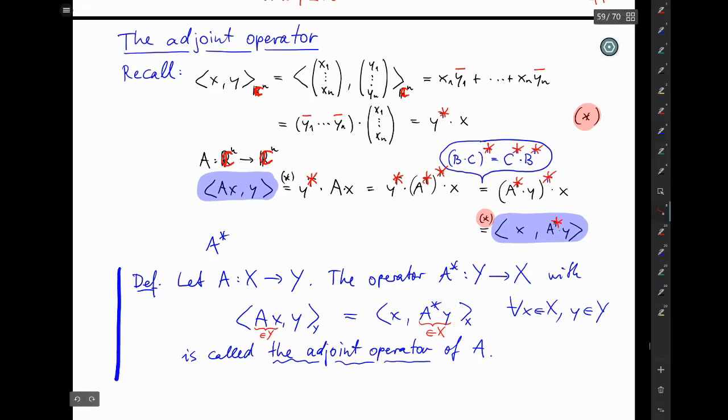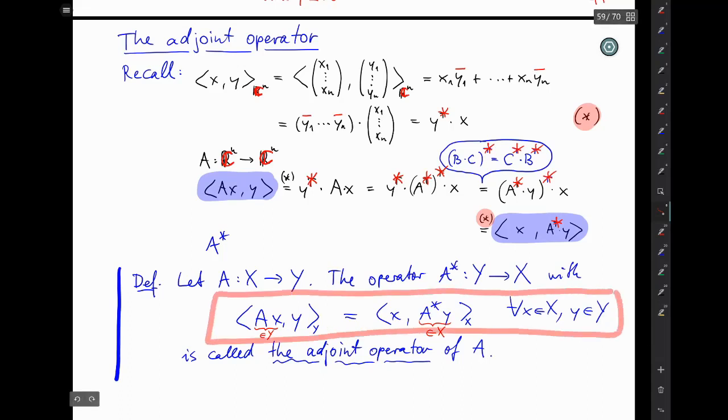Okay, now that's your definition of the adjoint operator. Okay, to be honest, we are not quite finished because we saw it before that every time we say the operator or element or something, one has to show that there can be only one, so the uniqueness of this operator has to be shown. So one has to show that there is only one operator that can do this job.